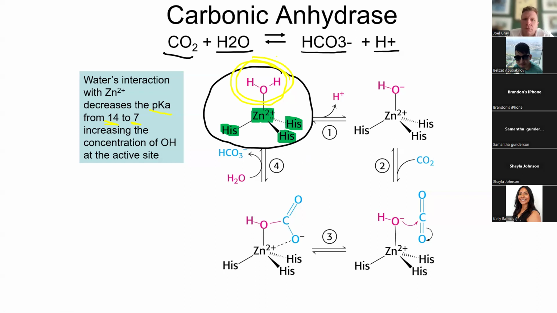So this particular water molecule right here, if it has a pKa of 14 and it is in a solution with a pH of 7.5, then basically 0% of H2O is deprotonated.